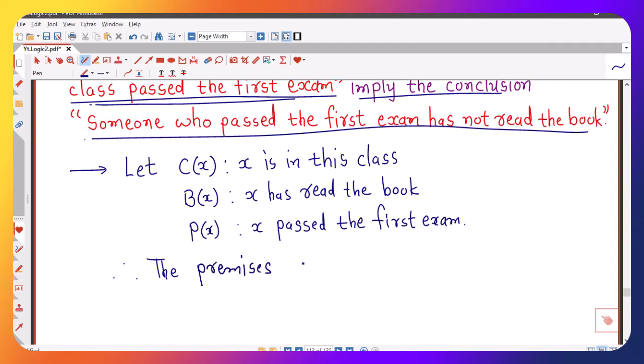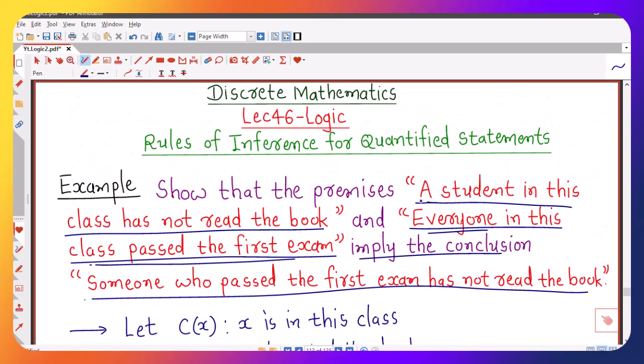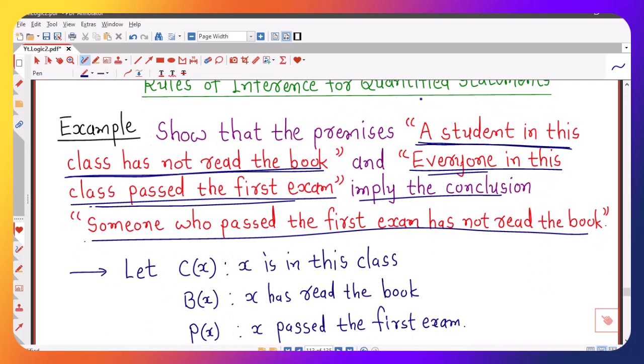The premises are as follows. First premise is a student in this class has not read the book. So they are talking about some student who is in this class and who has not read the book, or we can say that there is a student who is in this class and that student has not read the book.